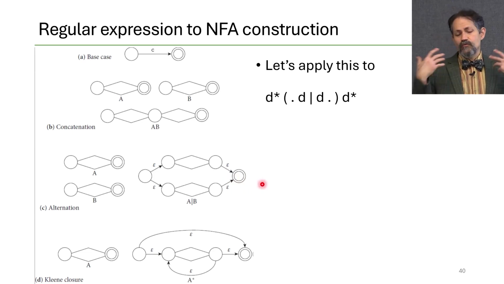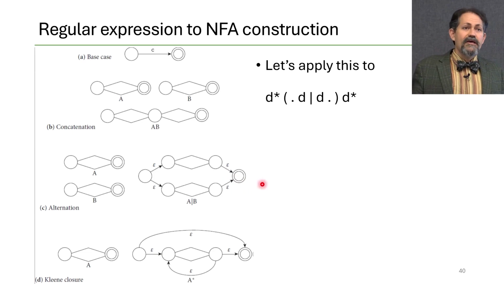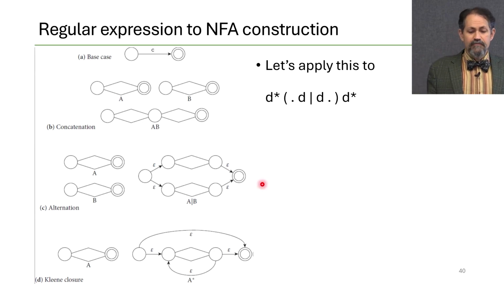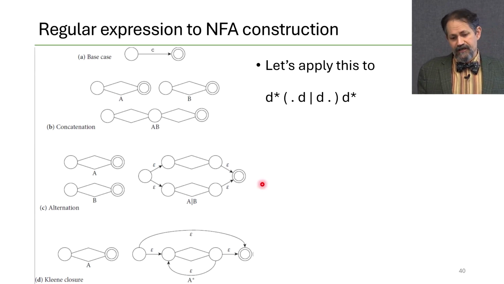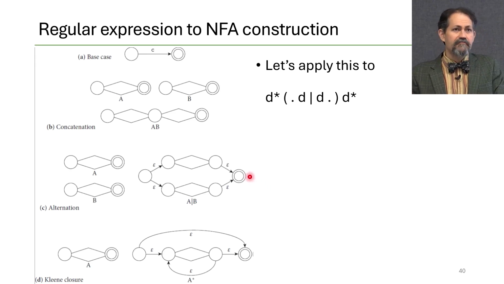So here you can see where we're using the non-determinism. Basically, whenever we have a choice between A and B, we'll use an epsilon transition, and epsilon is reading nothing from the input, and so we just non-deterministically go either to the A or the B. We recognize the A or the B, and at the end, we go back to a final state.